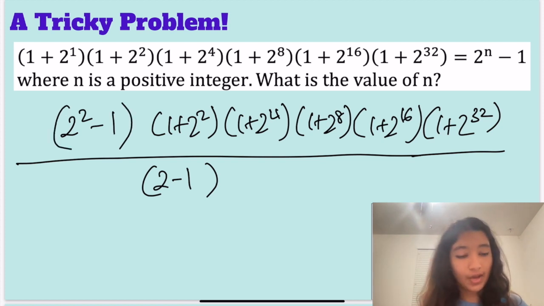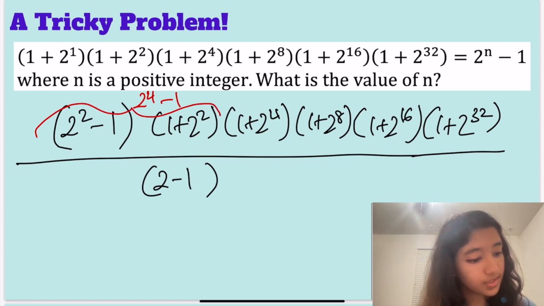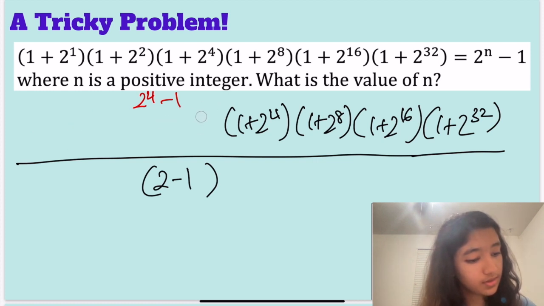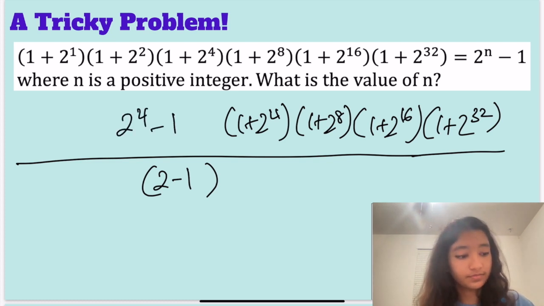That was our first step of simplifying some terms, but notice that we can actually continue this pattern. Now we have 2 squared minus 1 times 2 squared plus 1. Again, that would be equal to 2 to the fourth minus 1 for these two terms. That means we can cancel those out and replace them with 2 to the fourth minus 1.